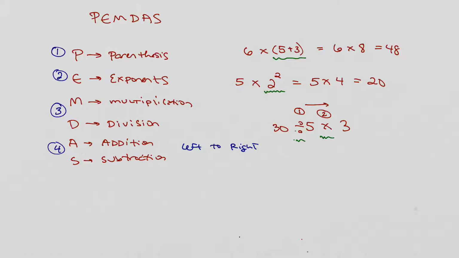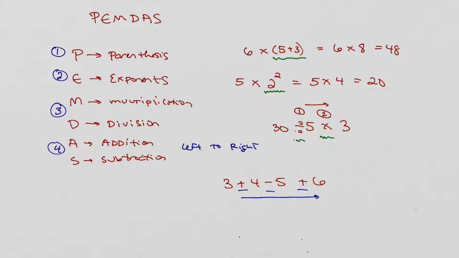When I gave you, let's see if I can find one of these, how about this one? What if I had 3 plus 4 minus 5 plus 6? I don't have any parentheses, exponents, multiplication, or division. So I just have addition and subtraction, and we want to answer these going left to right.